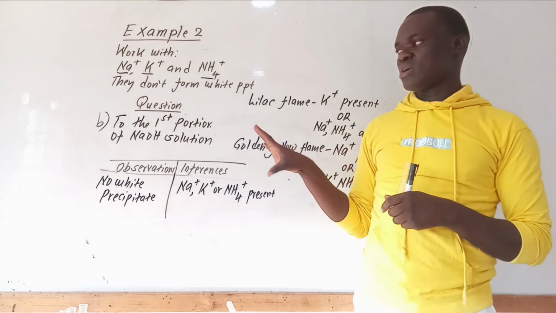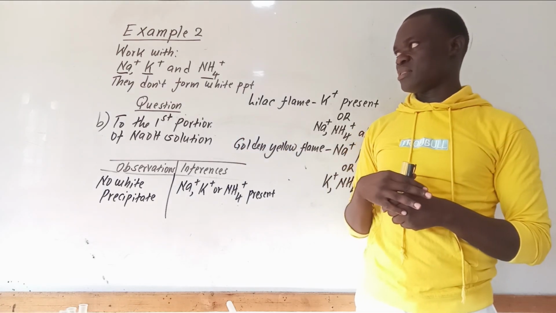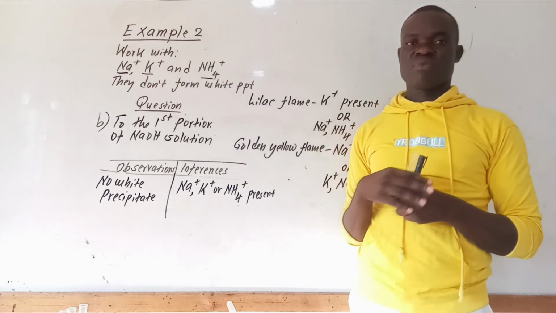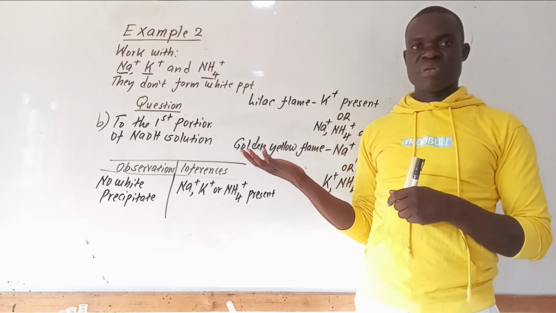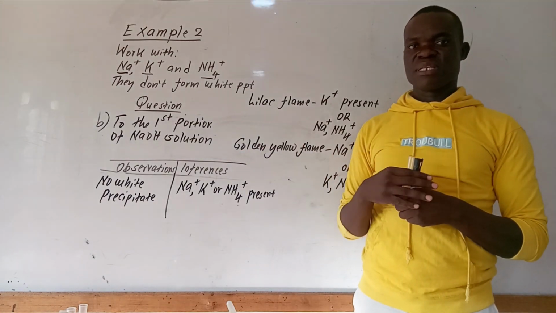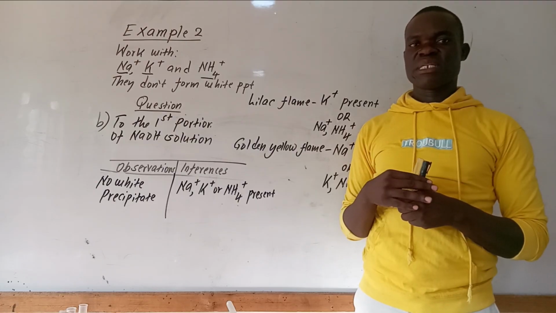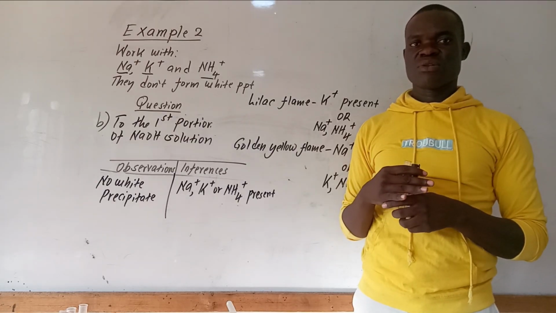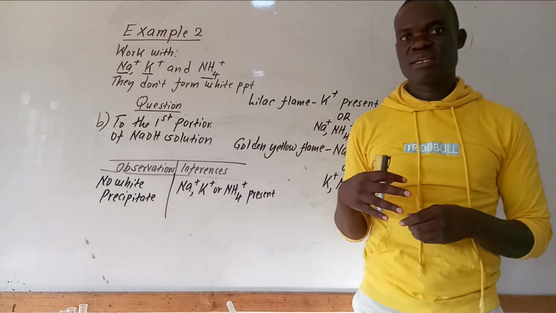So that is all about that part of the three ions. When they are present, there will be no white precipitate at all. When they are absent, the white precipitate will form. And this white precipitate can dissolve to form a colorless solution, and we mentioned the three amphoteric ions.